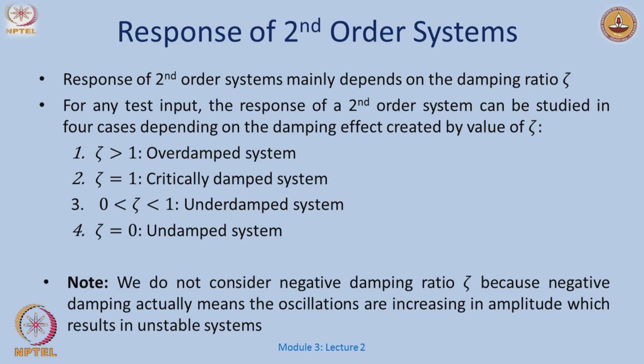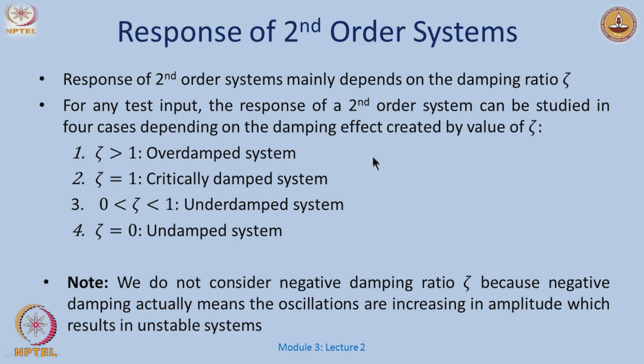So, the response is essentially now depending on the damping ratio zeta. Some classifications before we understand them physically: when zeta is greater than 1, I call my system overdamped. Zeta is 1, it is critically damped. Zeta between 0 and 1, underdamped. Zeta equal to 0, undamped systems.